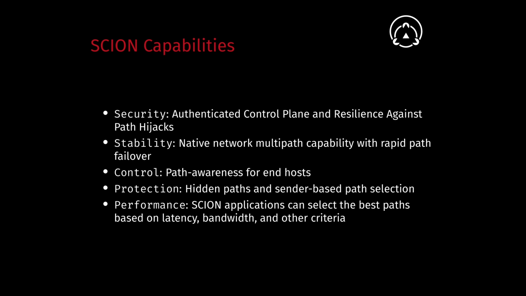SCION's got some interesting capabilities. It's able to authenticate on the control plane, which helps with DDoS attacks, thanks to anything on that control plane needing to be authenticated. It also provides some interesting stability characteristics by providing multipath networking capabilities so that in the case of a failure, we're able to fail over to another link almost seamlessly.